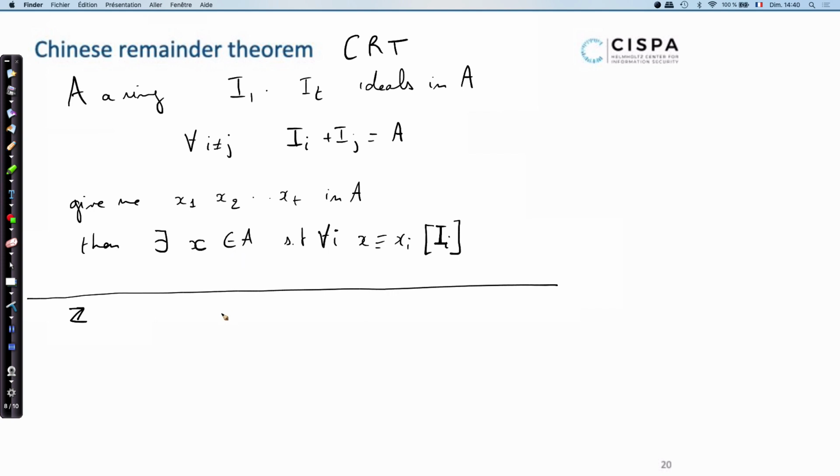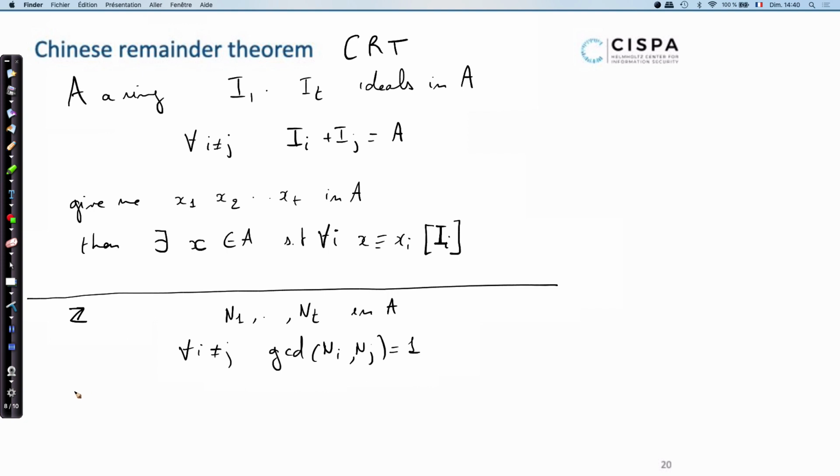So it's the same thing as giving numbers, let's say n1, ..., nt in A. Saying that the sum of the ideals is equal to the full ring just means that for all i and j distinct, the GCD of ni and nj is going to be 1.